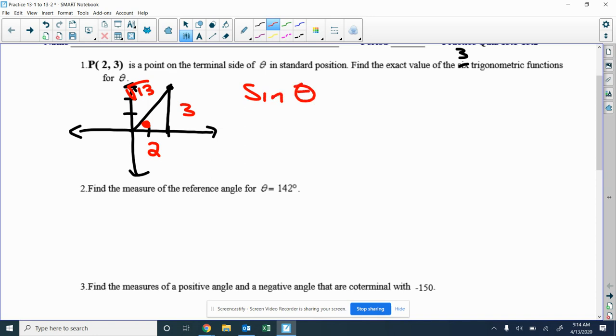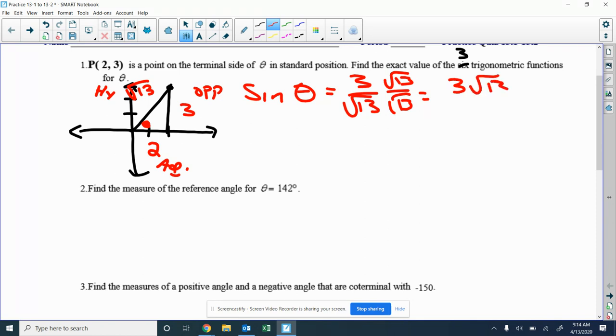So your sine of that theta is your opposite over your hypotenuse. Of course, this would be the adjacent. We'll get to that in a second. So your sine is going to be 3 over the square root of 13. Now we will rationalize that. So we're going to end up with 3 square roots of 13 over 13 as your sine.